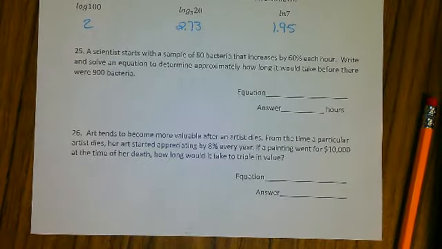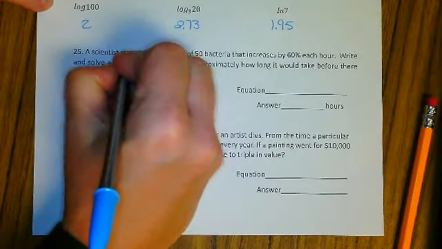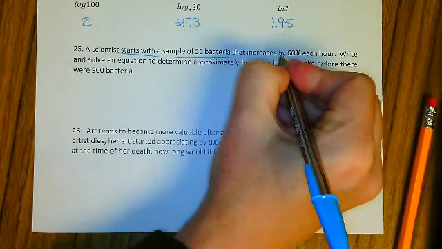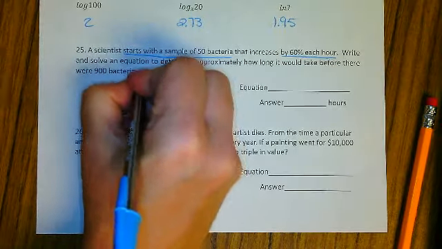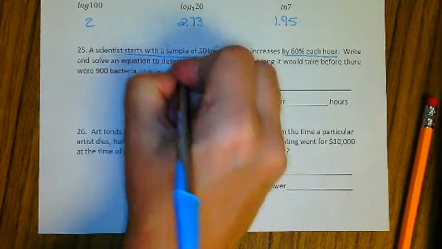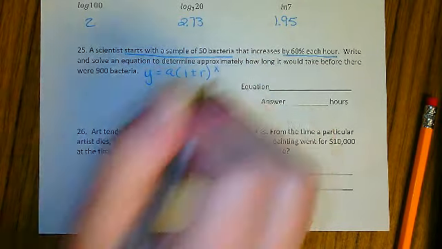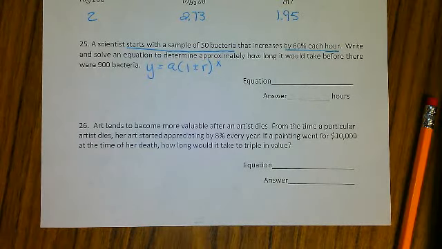Okay. All right, on the next ones here, I'm just really kind of writing equations, and I'm going to solve for time. So it says a scientist starts with a sample of 50 bacteria that increases by 60% each hour. Now, if the rate is a percent, I know I'm going to be using the growth and decay formula for exponential growth and decay.